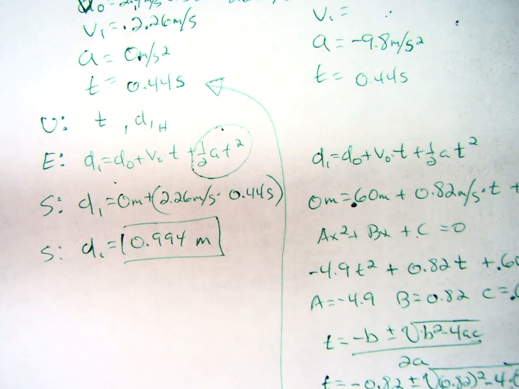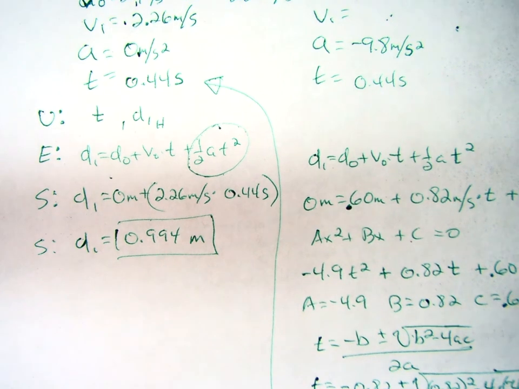It's the only scalar in our givens, and that means it doesn't have a direction. It's not vertical or horizontal. So when the object stops falling, it also stops traveling sideways. And that's what we figured out here: when does it reach the ground? Now we know that it's going to stop traveling horizontally in that amount of time.